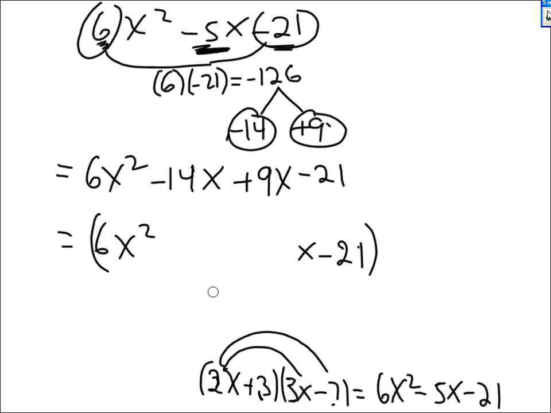Take 6x squared minus 14x plus 9x. I group the first 2, I group the second 2. And now we proceed like we have before. 4 terms, we factor each one. Between 6 and 14, the greatest common factor is 2.